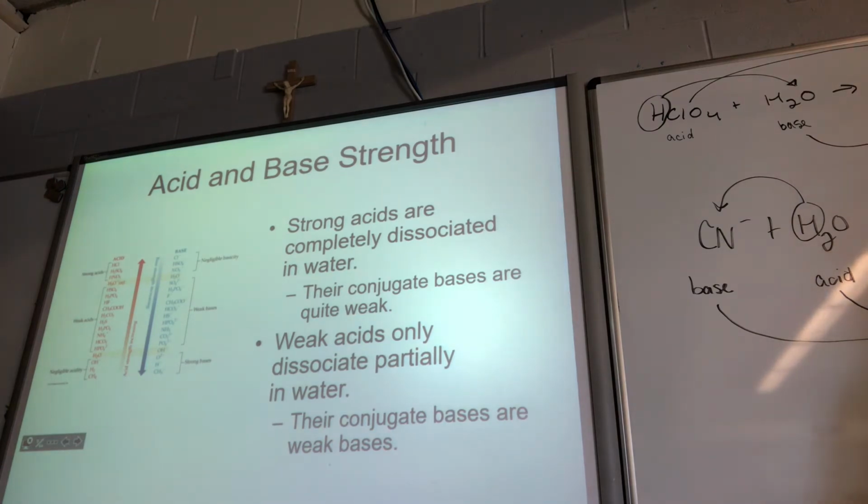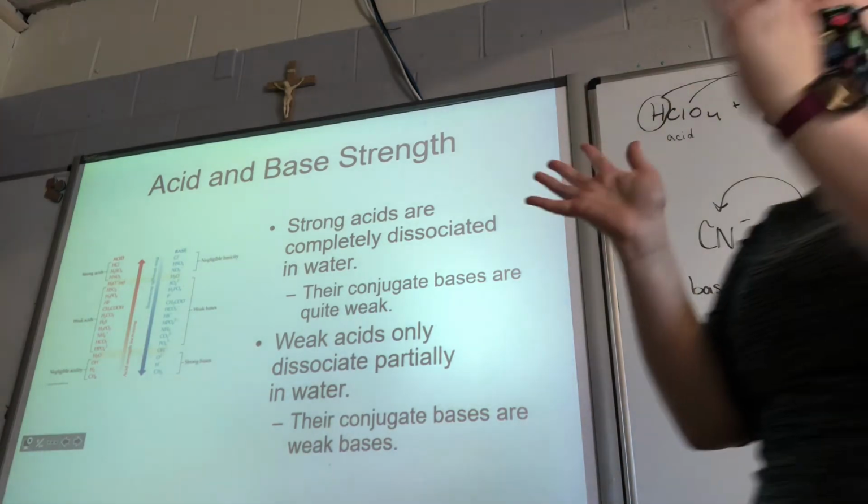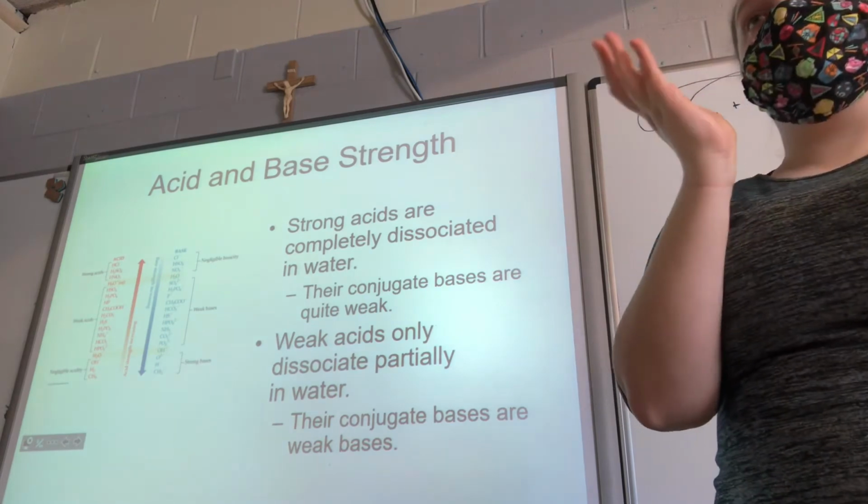Not all weak bases and weak acids are going to partially dissociate the same. Some of them are going to dissociate maybe 90% of their substance into two parts or more. Some of them might dissociate 50%. Some of them might dissociate 10%. You can see where this gets a little hairy.